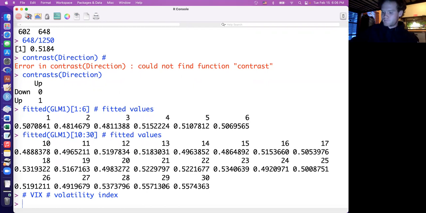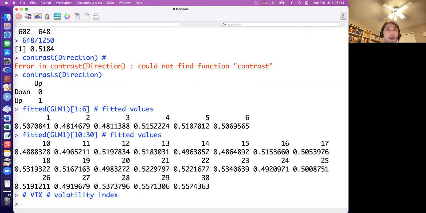Yeah, this is very good to predict, maybe not the short term, but the next 1 month or 6 months return. When the VIX is higher, that means the volatility is higher and the risk is higher. We have a higher risk premium, so usually we have a larger return.